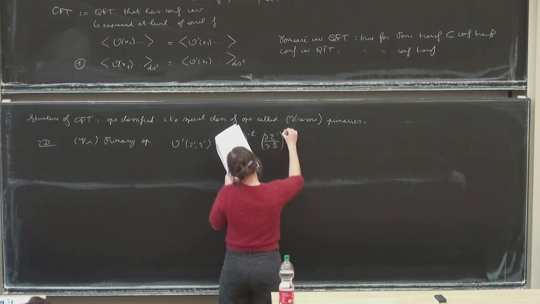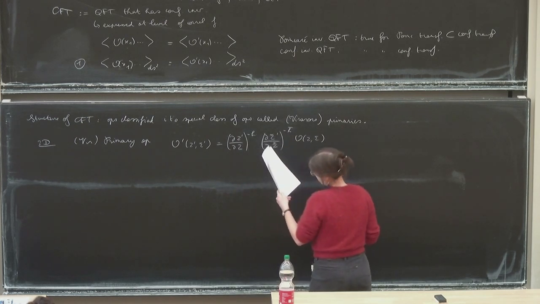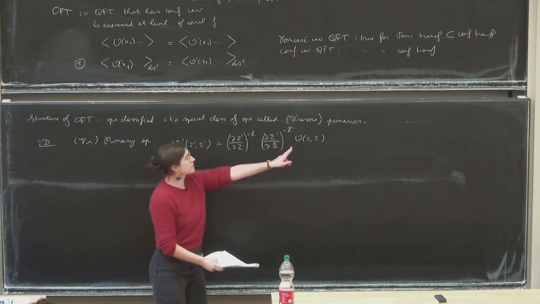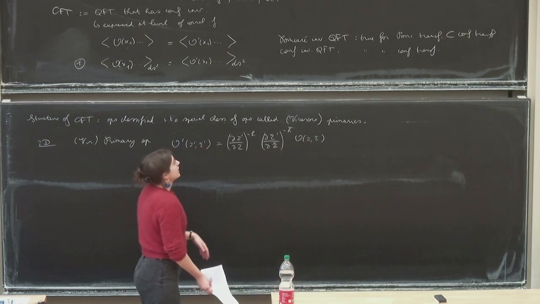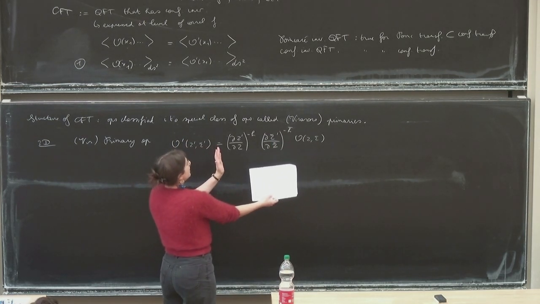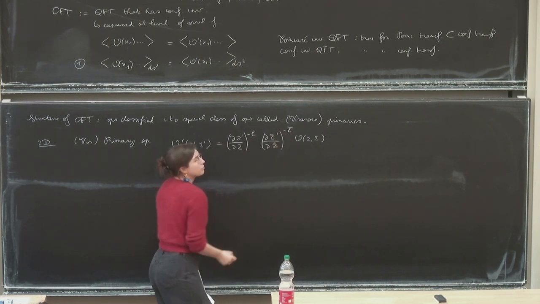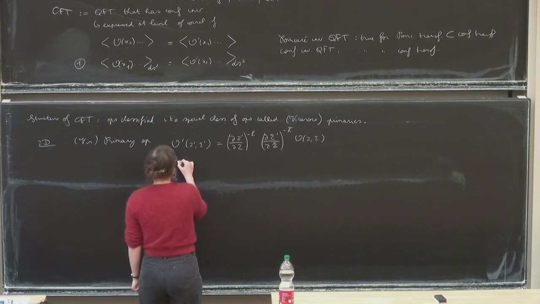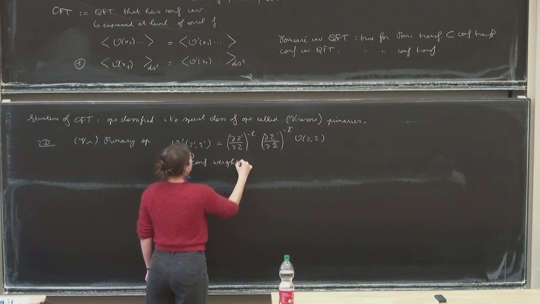So they are operators O at some point z, z bar. And under conformal transformation, they transform with these two factors. So you see that there are two parameters appearing here, an h and an h bar. These are called the conformal weights of a primary operator.